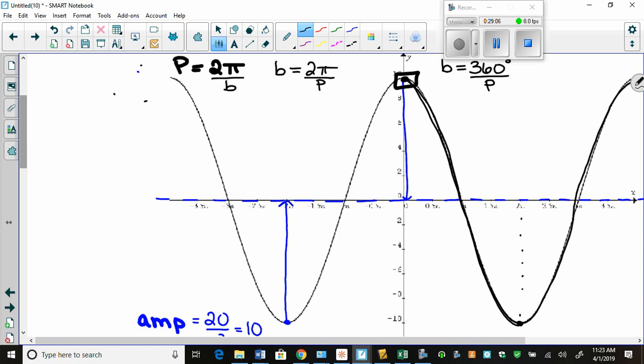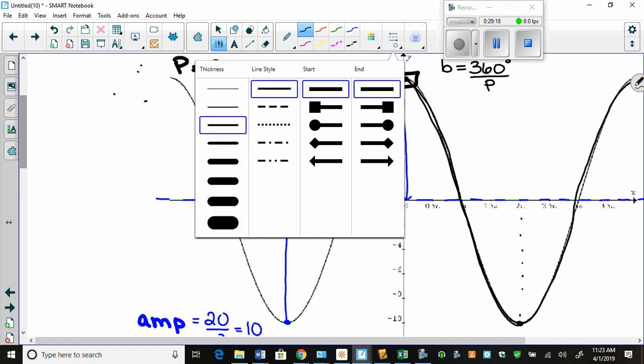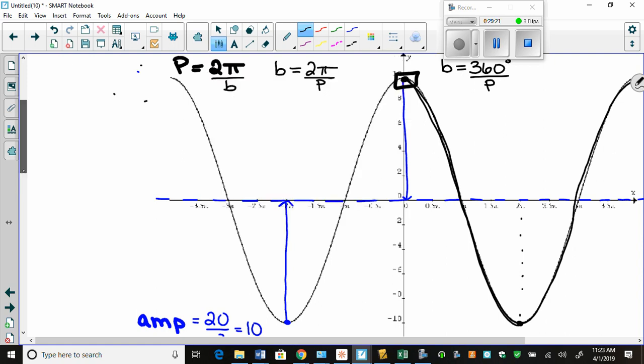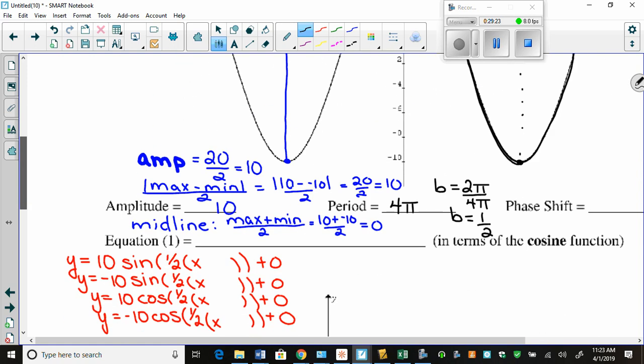How far away is that maximum from the y-axis? Trick question. It's not. It's on the y-axis. So has it been shifted at all? No? So my positive cos equation is done. This one is done. There is no c value. It's not been shifted.